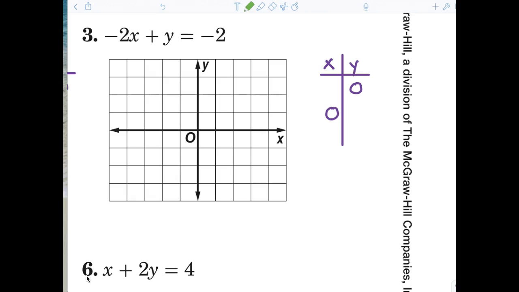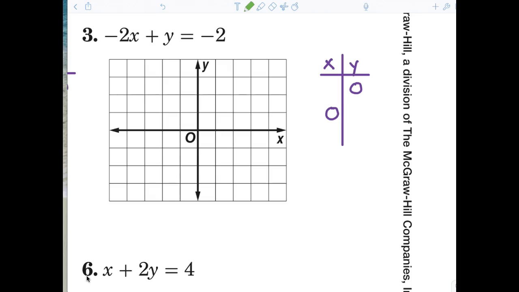Come on, girls. Straight lines. Let's try that. Awesome. Oh, you're drawing circles. This is a line, not a circle.